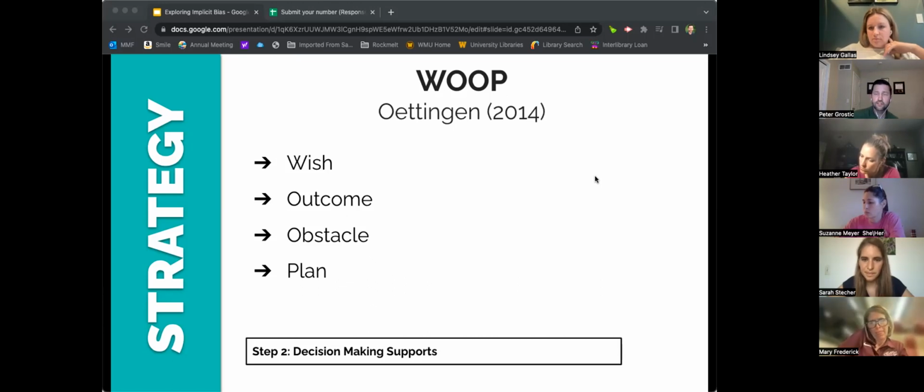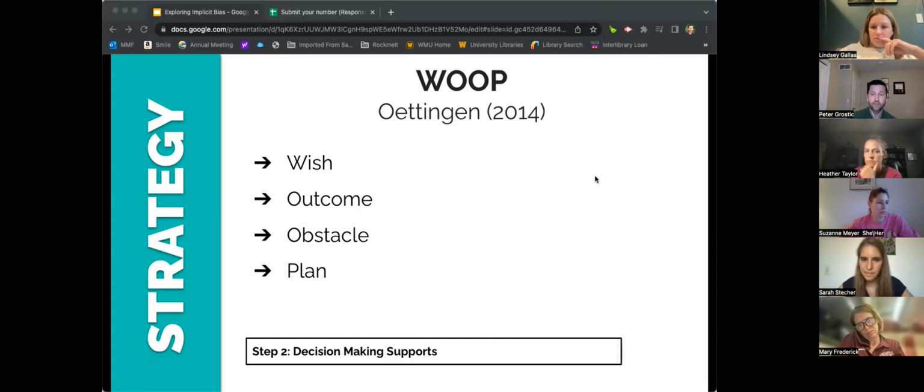So why this decision-making support can be so helpful is that as we mentioned earlier, when we're experiencing a stressful situation, that high cognitive load, our implicit biases are much more likely to come out, which can lead to very biased decision-making, right? So thinking through our plan when we're not stressed, when we're not in the emotional throes of a situation, makes for much better decision-making that is less likely to be contaminated by our implicit biases.